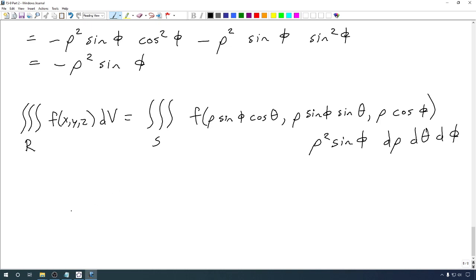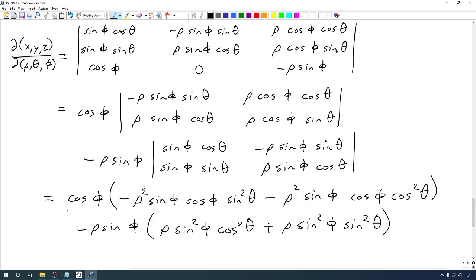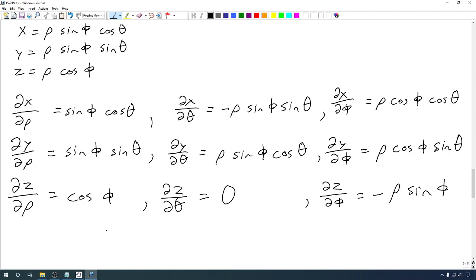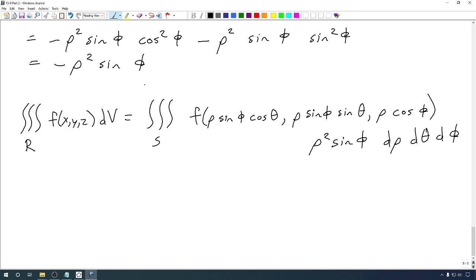That's a particular factor we can calculate fairly easily, without having to go through all the geometry that we did originally for our spherical coordinates. As long as we can write out x, y, and z in terms of those variables, and we know how to take determinants, we can easily calculate what that Jacobian should be, without having to get into the geometry. And that's really nice.